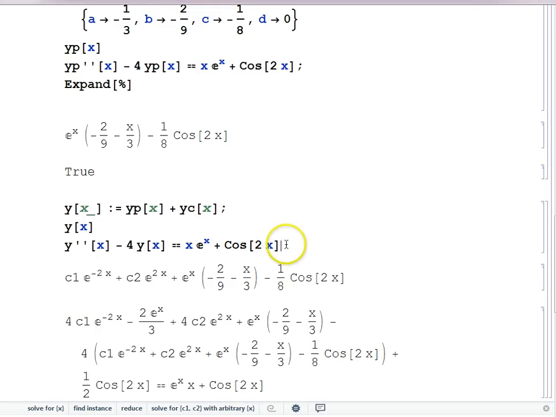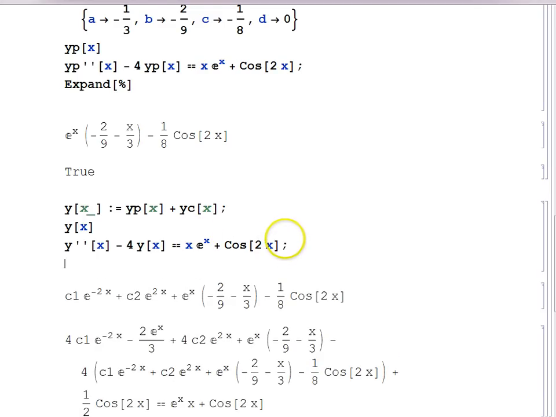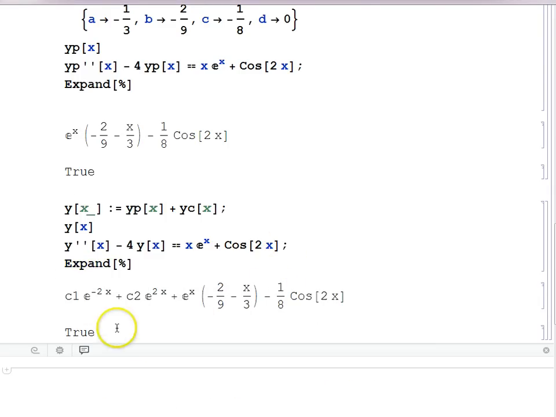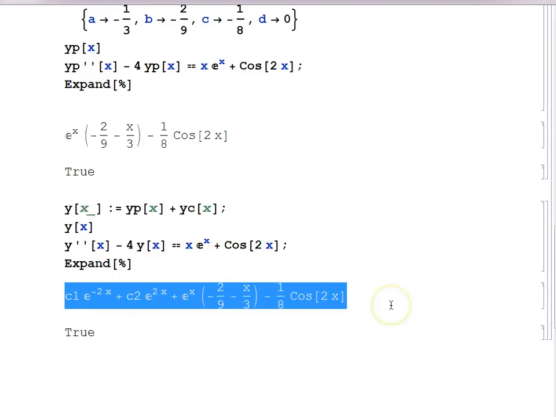So we clearly need to expand that. So here's our general solution.